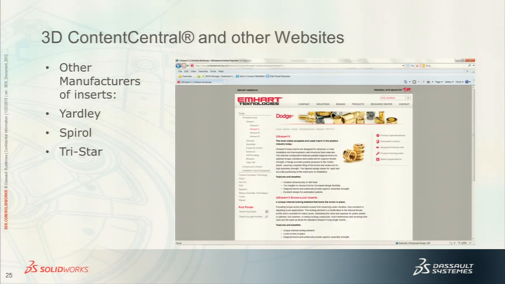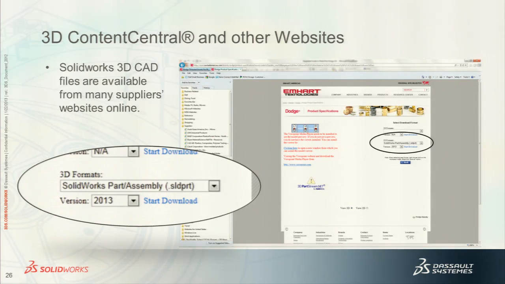Here's an example of an ultrasonic insert supplier that I use quite a bit. It's Emhart Dodge, but there are other companies with comparable products. This is part of their website for the ultrasonic inserts. You can see here that you can actually download SolidWorks models of their ultrasonic inserts.